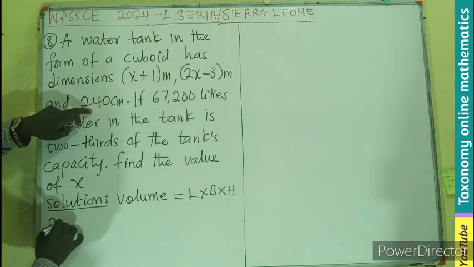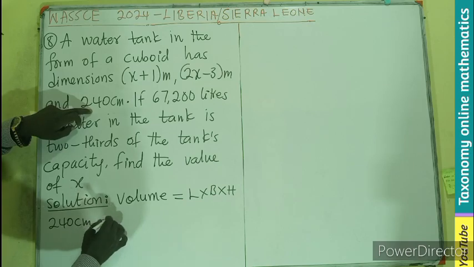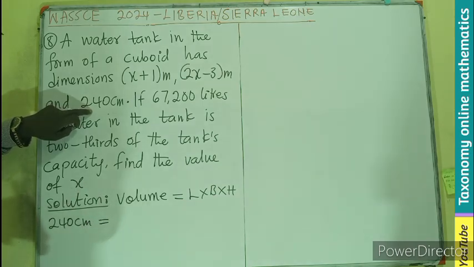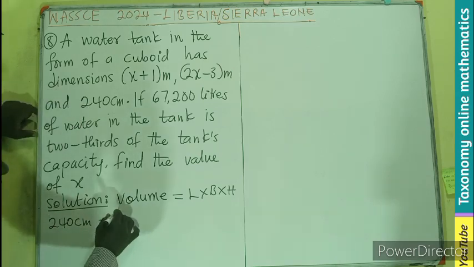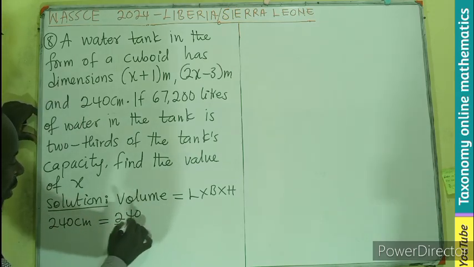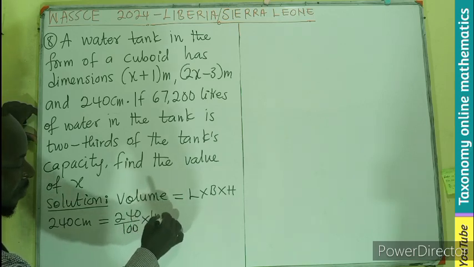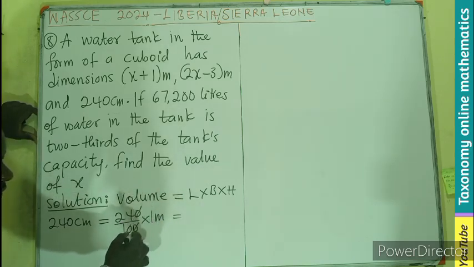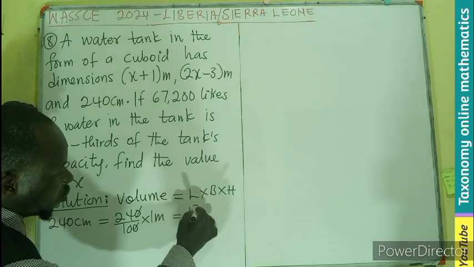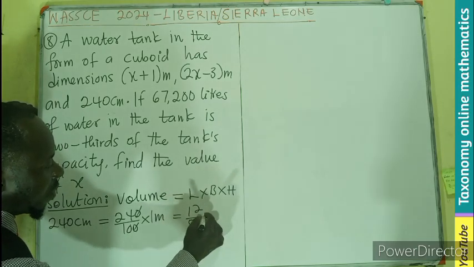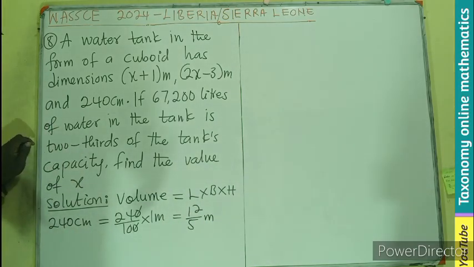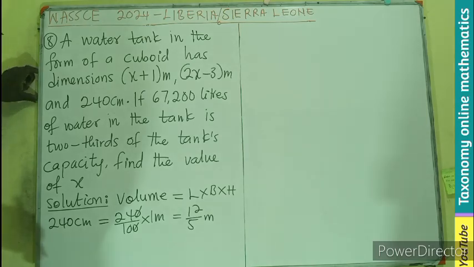The 240 centimeters can be changed into meters by dividing by 100. That is 240 divided by 100, times 1 meter. So this will cancel, 2 can go there, 12 over 5 meters. Let's hold on to that.